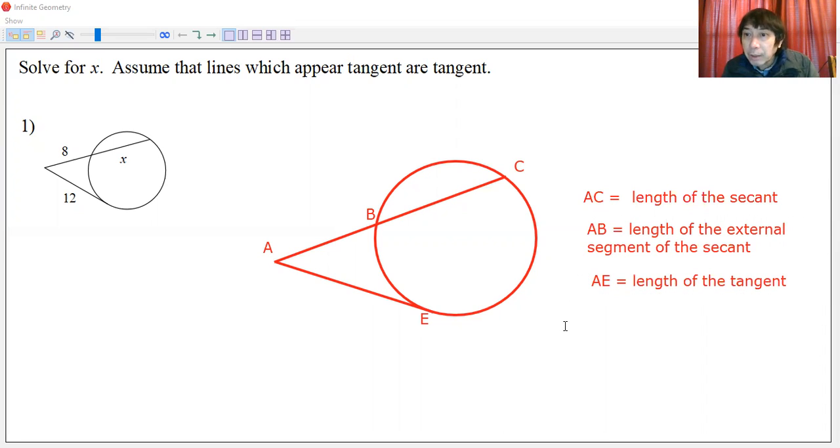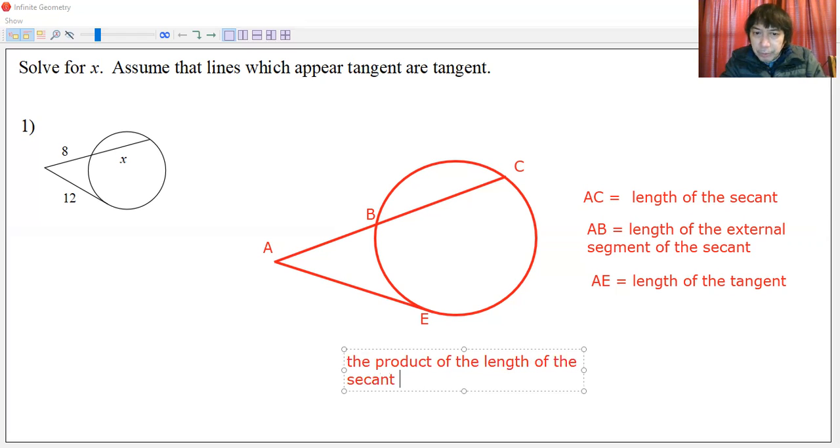So these are the corresponding lengths of the segments. The theorem goes like this: the product of the length of the secant and its external segment is equal to the square of the length of the tangent.